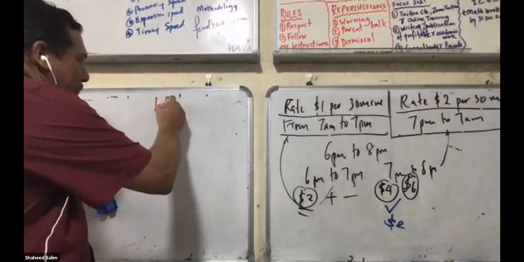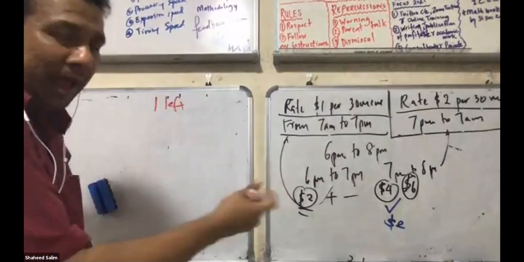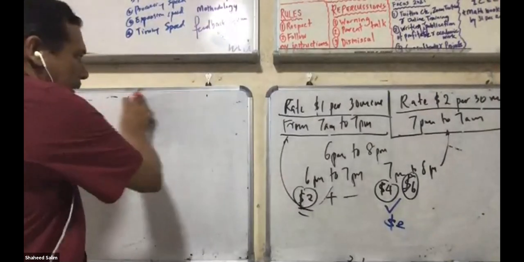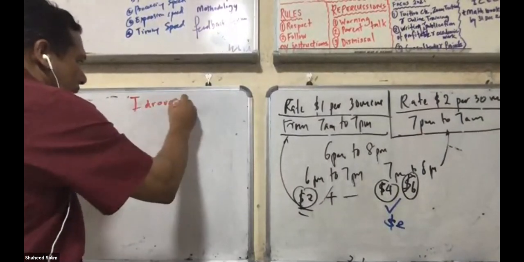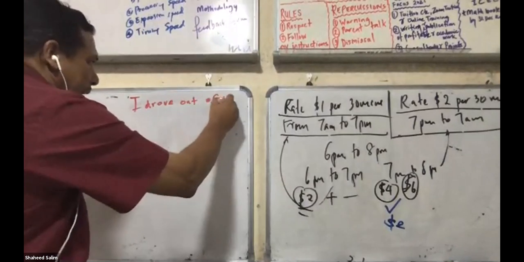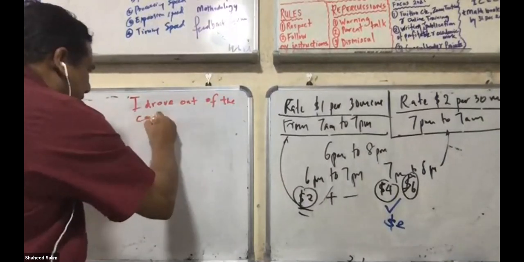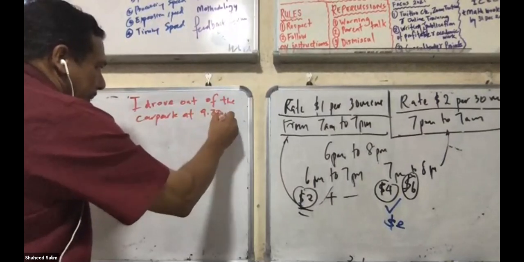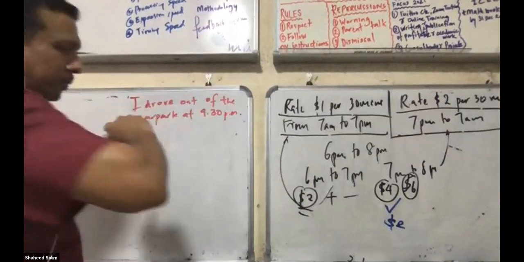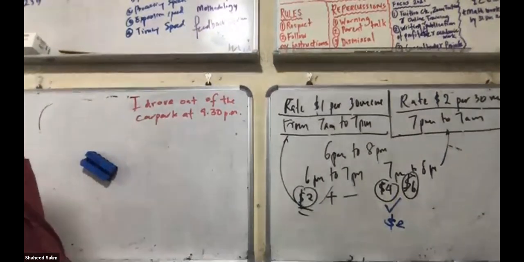I left the car park, meaning with my car. I drove out. I drove out of the car park at 9:30 p.m. Okay?